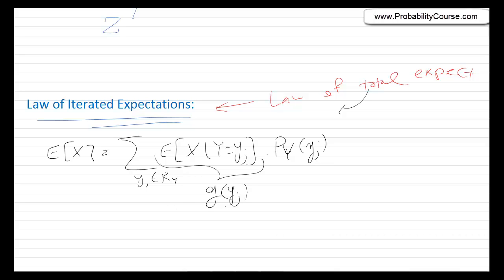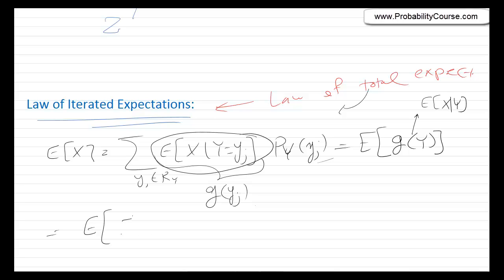So I have the sum of g of yj times py of yj, which, by LOTUS, is just expected value of g of y. But g of y is nothing but, using our new notation, expected value of x given y. So this is expected value of the expected value of x given y. This is just writing the law of total expectation using our new notation. And because you are taking two expected values, it is called the law of iterated expectation.